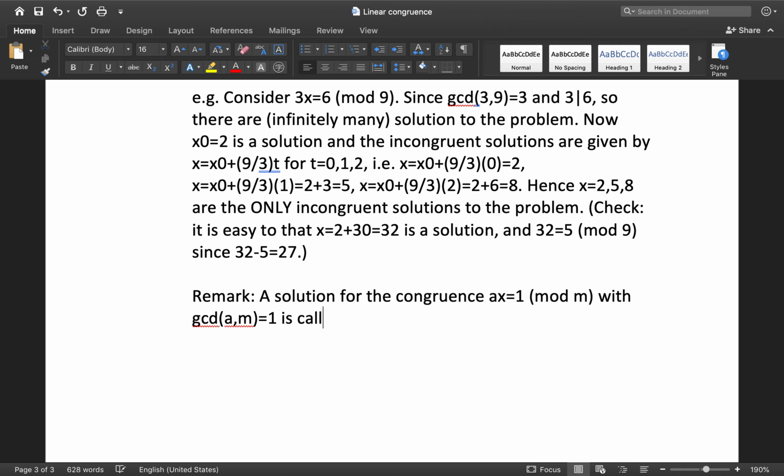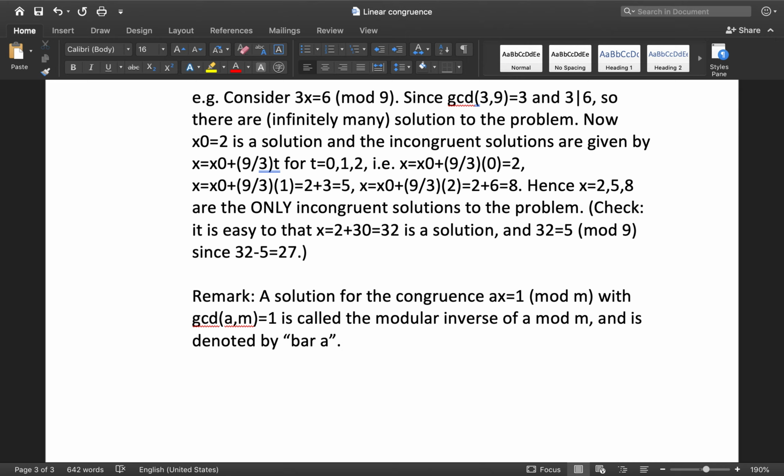It's called the modular inverse of the number a, modulo m, and it's denoted by a bar.